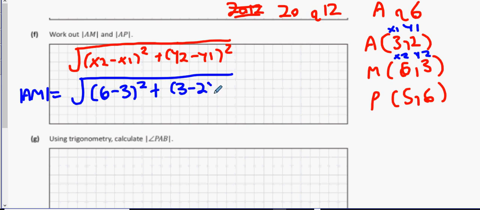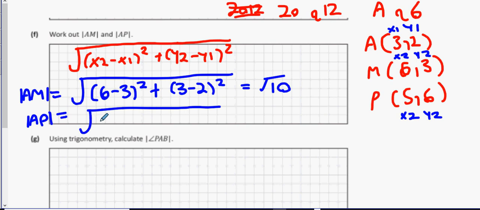Root 10. Now, AP. P will be x2, y2. A will be x1, y1. What we should get here is 5 minus 3 squared and what else? 6 minus 2 squared. What did you say it was? 2 root 5.